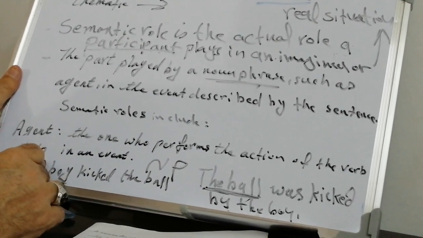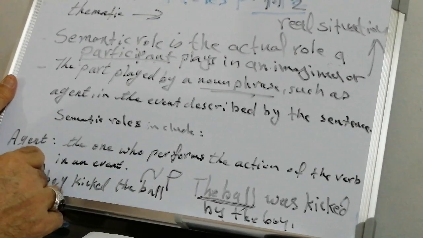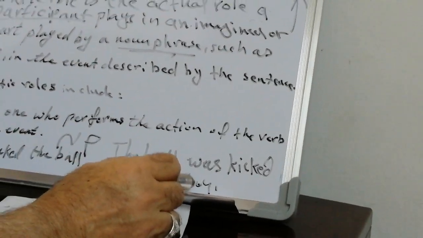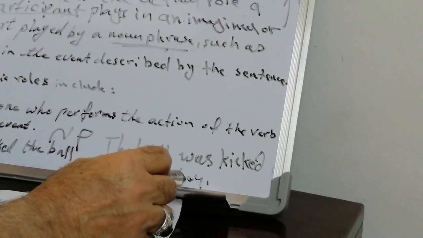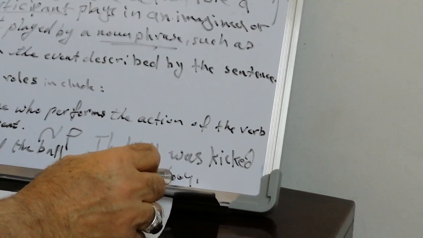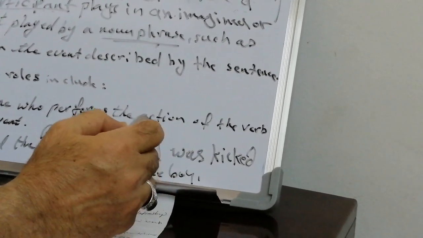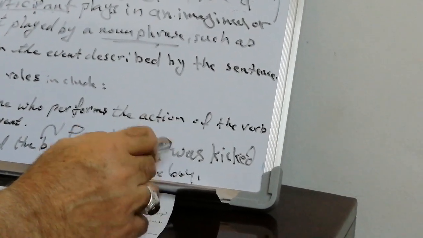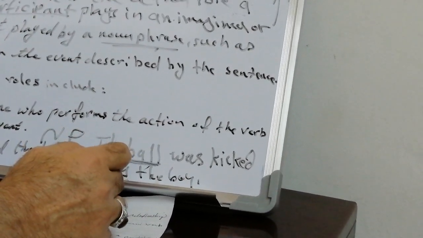So it is subject and it is agent. Now when we change it into passive, the ball was kicked by the boy, the boy, as a syntactic role, is no longer the subject. But semantically, it is the agent, although it is not in the subject position.